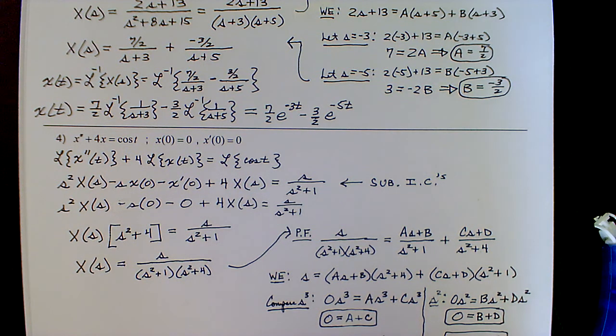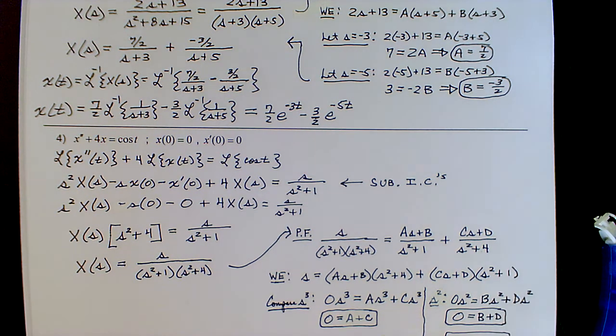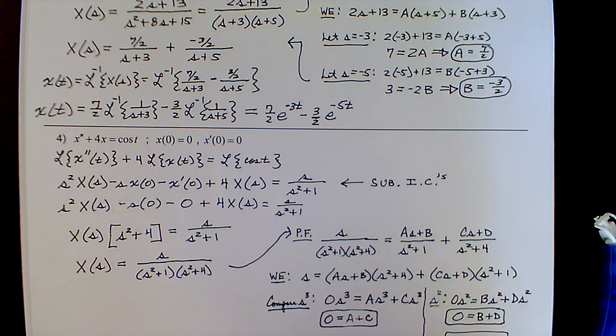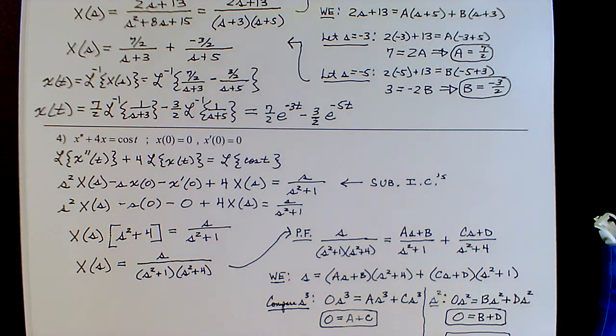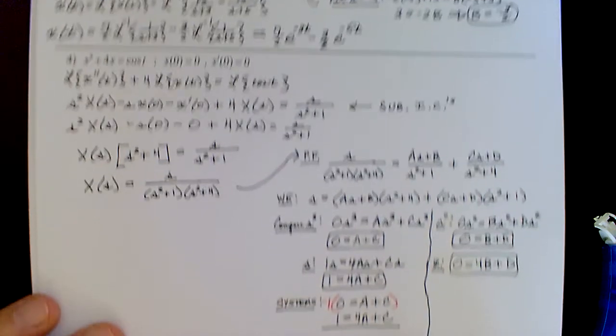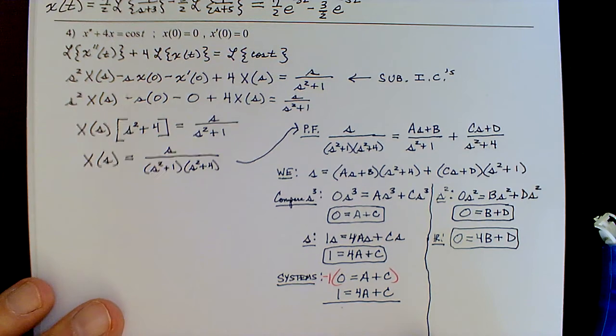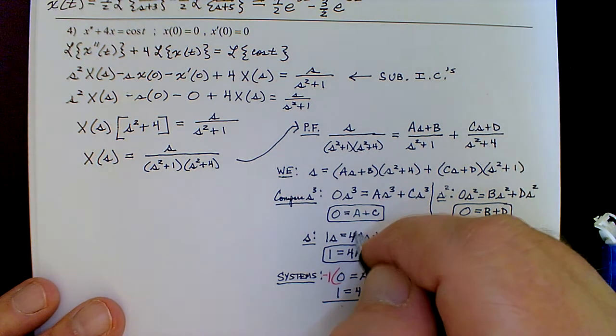So 0 equals a plus c, 1 equals 4a plus c. I'm going to multiply the top by -1. Solve the system any way you want. Whoops. I'm sorry, you couldn't see the last few things that I was doing. I'll give you a second to catch up there.